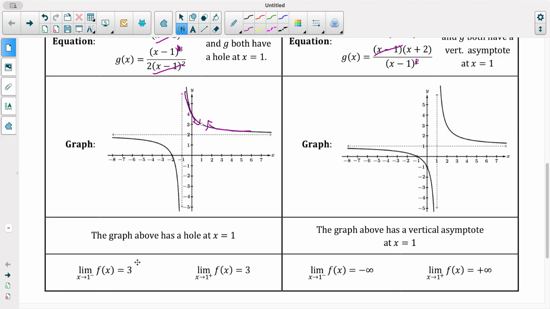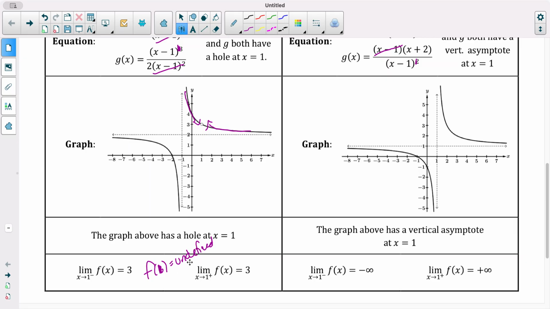Even though there's no actual value. So literally f of 3 would equal, not f of 3, sorry, f of 1 would equal undefined. But it does actually have a limit because it's approaching that number from both sides. Okay, so that's the difference between having a hole and having a vertical asymptote.